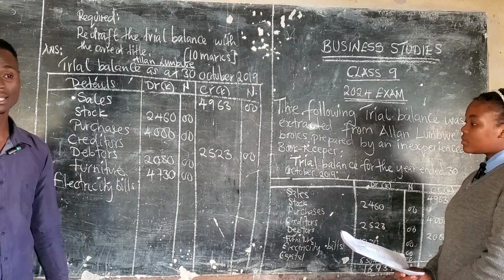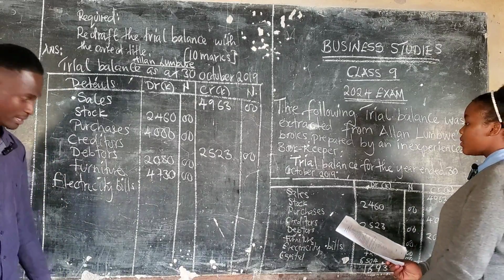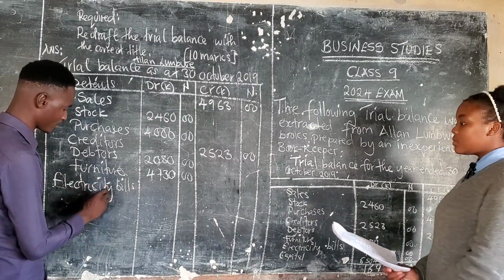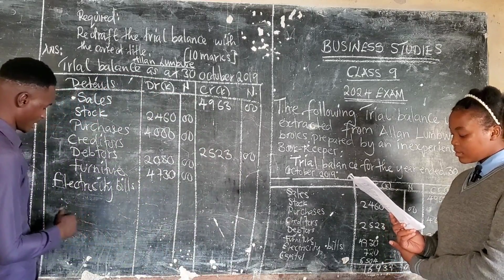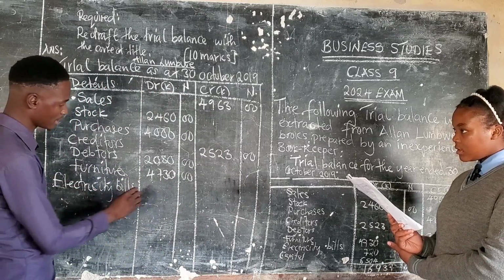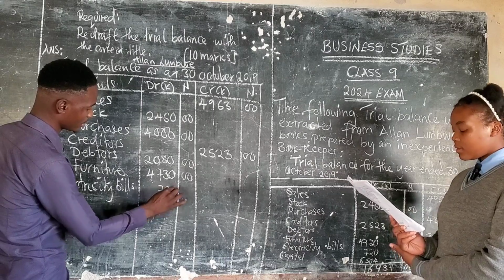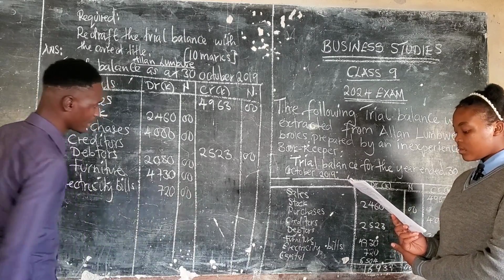Assets and expenses we debit them. Income and liabilities we credit. So electricity bills, 720.